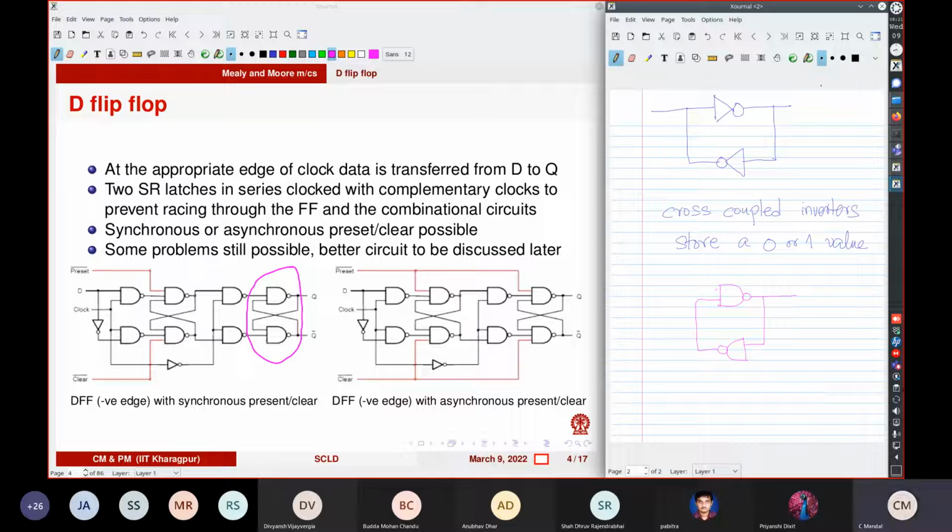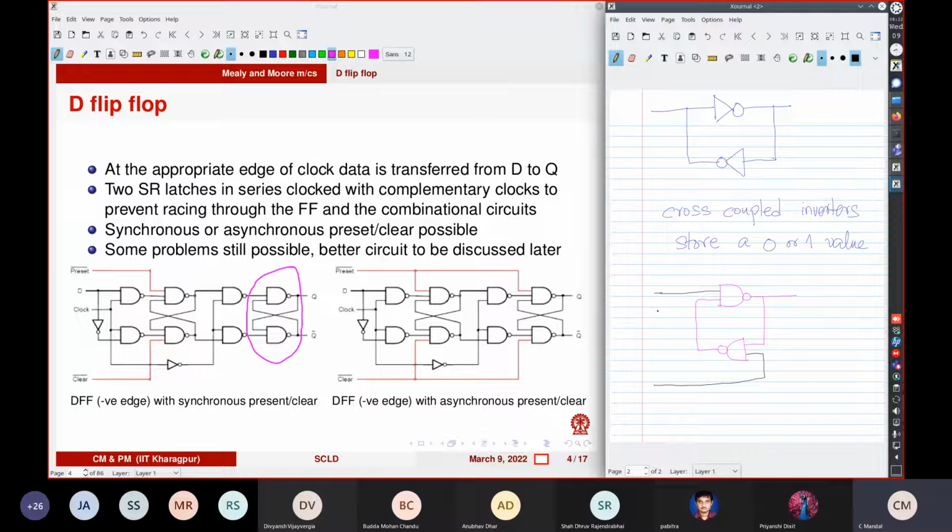All right. And then you have, let us say, two inputs. We can put the inputs in the same direction. So you have got two inputs.